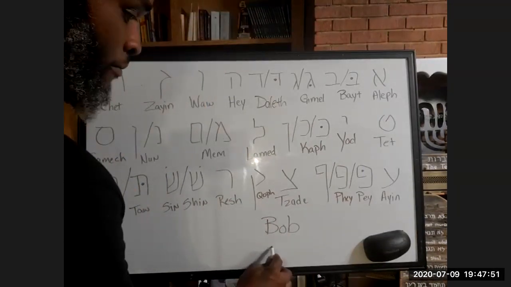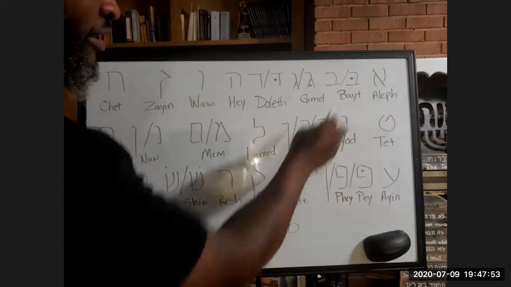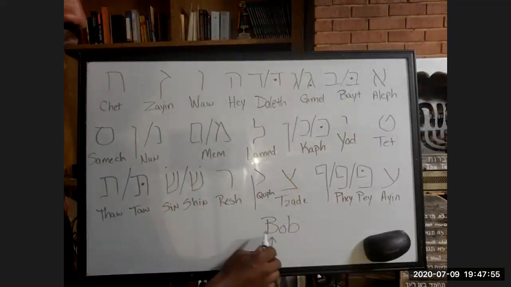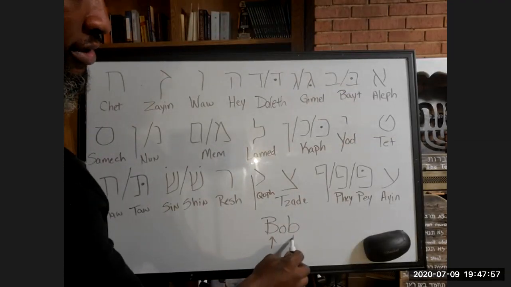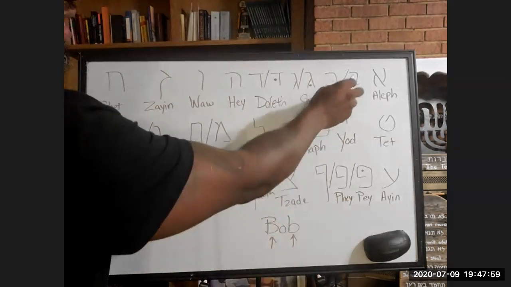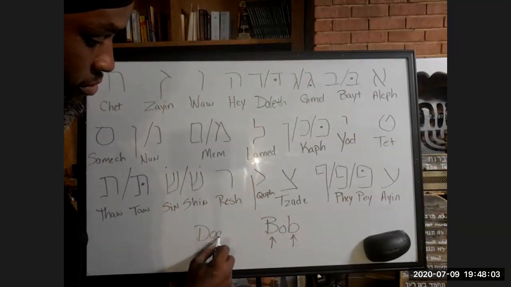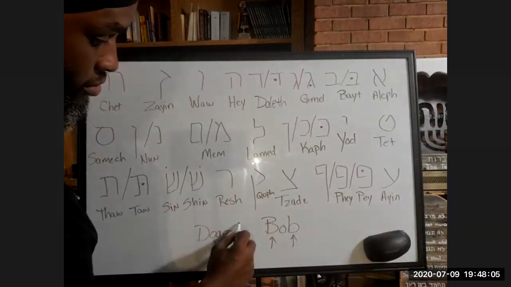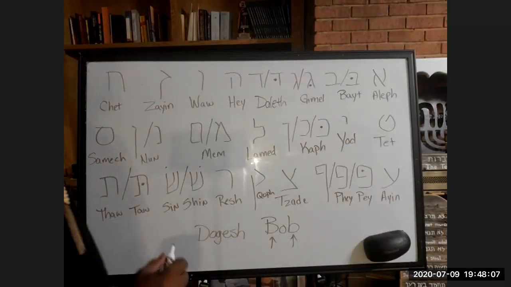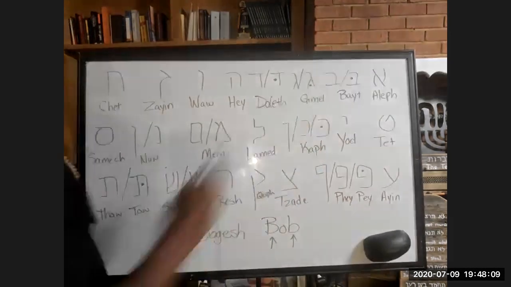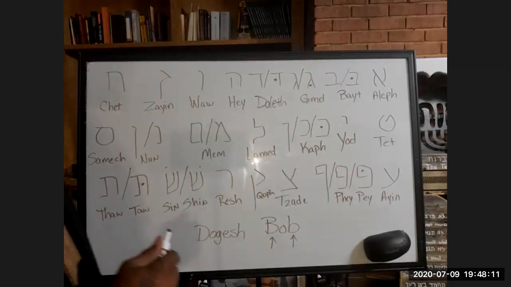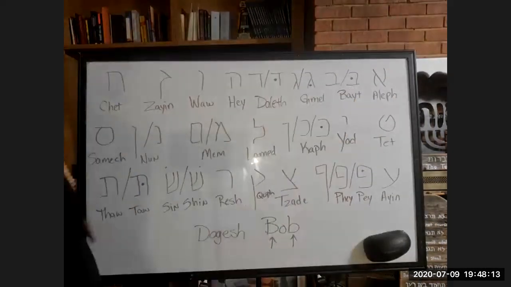So this letter would be this hard B. Buh. This letter would be this B without the dot. This dot is called a dagesh. Dagesh pretty much intensifies the sound of the letter. This is going to give you a hard B sound. Bob.